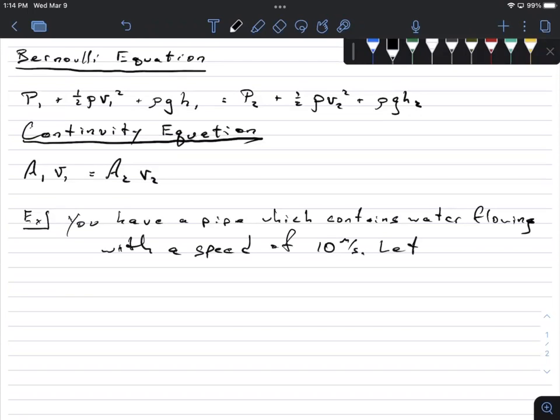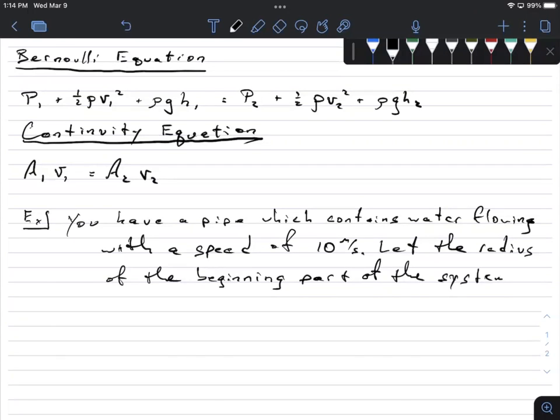Let the radius of the beginning part of the system be 20 centimeters. Okay.